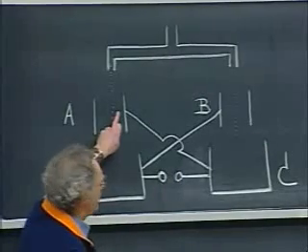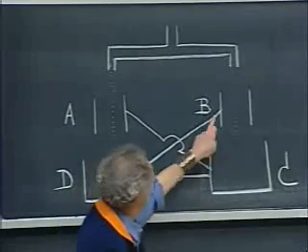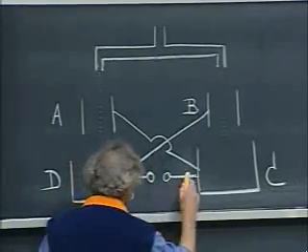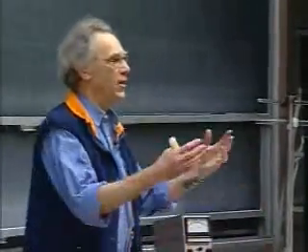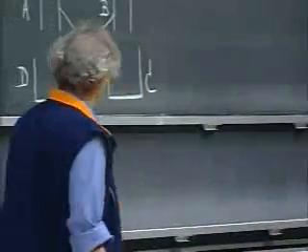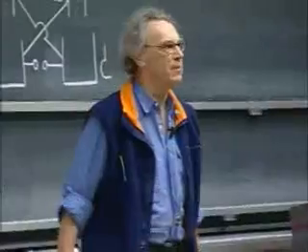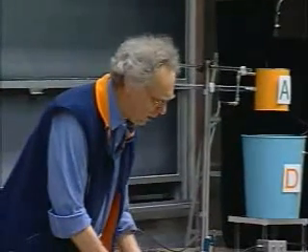And the paint can A is connected to C. That's crucial. And the paint can B is connected with D. And here there are two balls which I can bring close together. I run water. And after a while I see a spark here. I can even see a spark when the distance is something like 6 millimeters, which would be about potential difference of about 20 kilovolts.